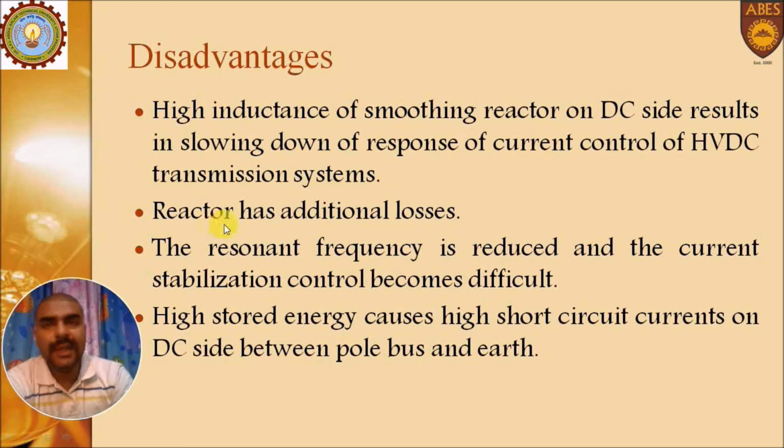Then this reactor will be responsible for some additional losses also, the resonant frequency is reduced, and current stabilization control becomes difficult. The energy stored in that inductance may cause high short circuit current. This is another disadvantage associated with the smoothing reactor.